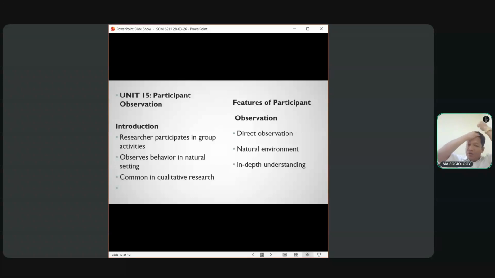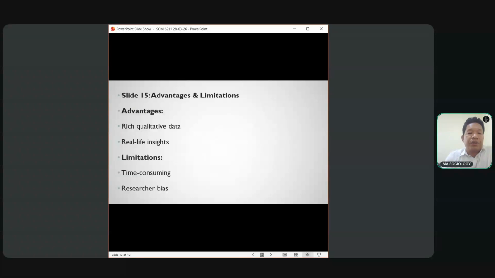So you will be in the field, being yourself in the particular society to understand the social phenomena. The advantage is rich qualitative data and real life insights. Since you will be there with the participants, participating yourself and observing from very close range, it gives real life insights and rich qualitative data.